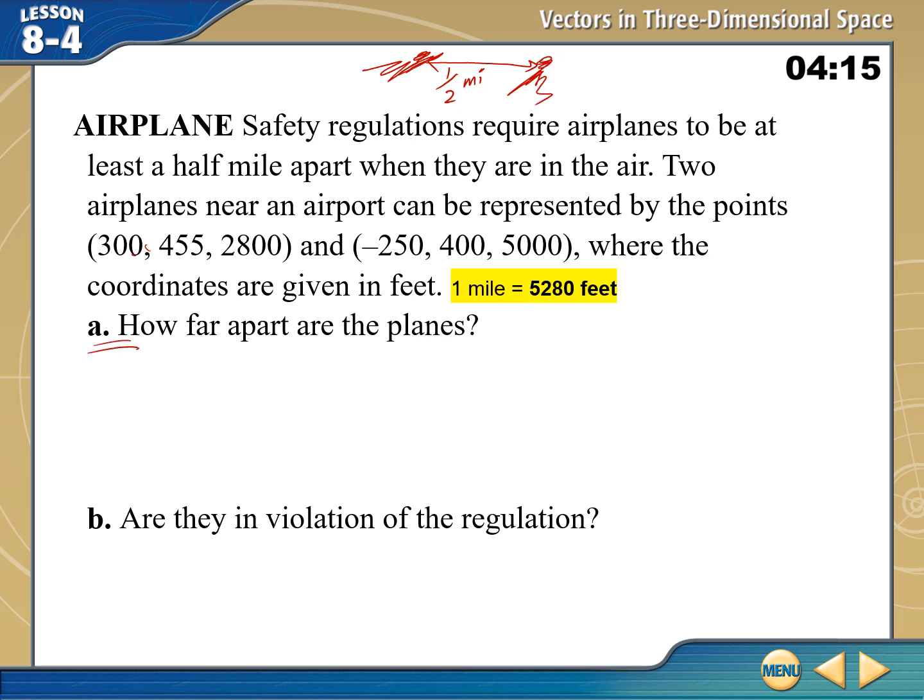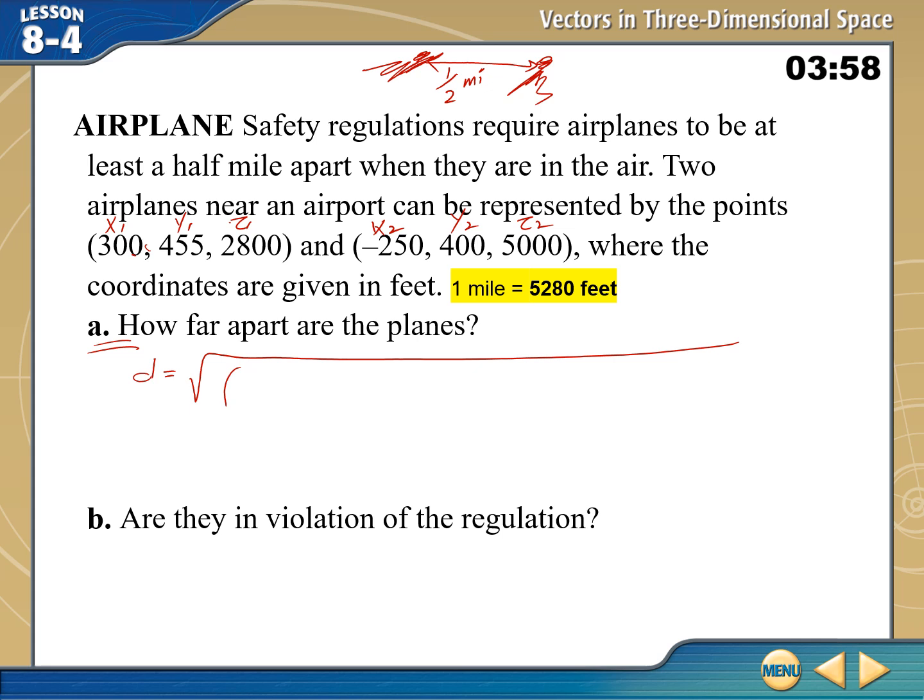Far apart means that you have to find the distance between them. So let's label x1, y1 and z1, and the other coordinates as x2, y2 and z2.